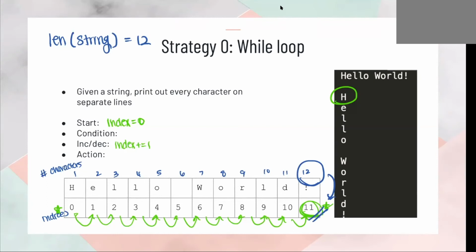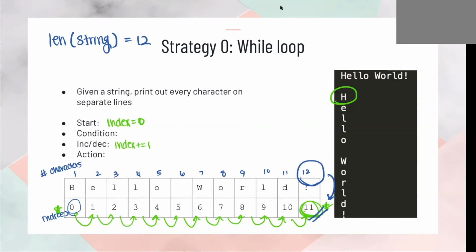If I have 2 characters, my last index would be 1. That's because everything is offset by 1: my index, instead of starting at 1, starts at 0. So the last index won't completely match up, it'll be 1 less than the length itself.